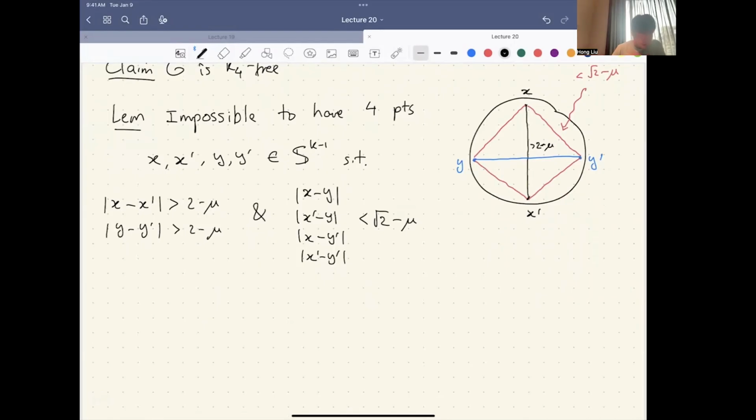This is impossible. Using something like a parallelogram law, let's sum up all these 4 sides.